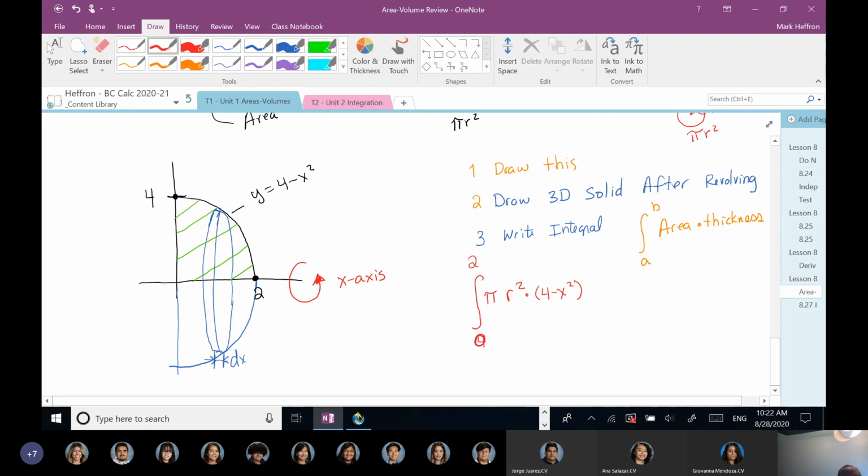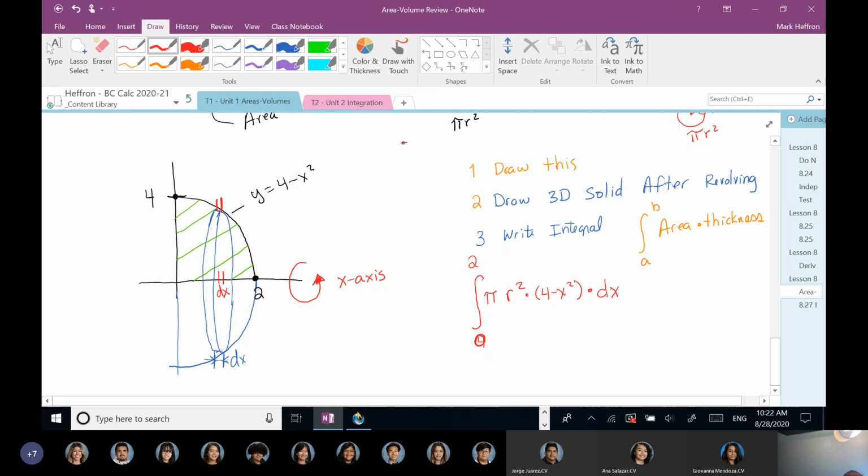Do we want dx or dy for this guy? Dy? Because the thickness of this guy is measured along the x-axis, we really want dx.